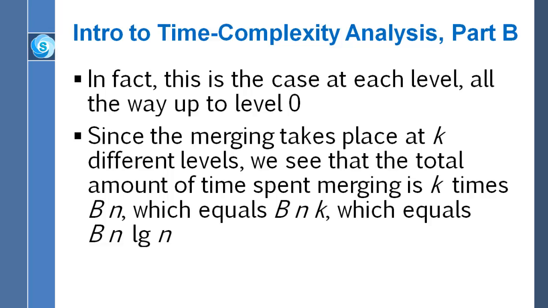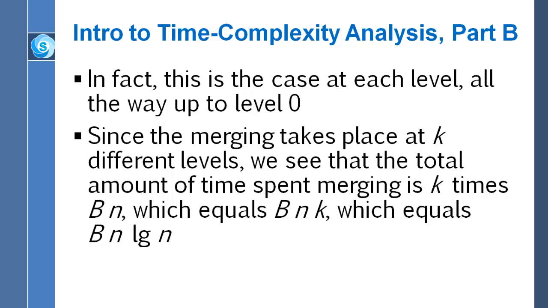Well, how many levels of merging were there? There was merging down at level k minus 1, and there's also merging at level k minus 2, k minus 3, and so forth, all the way up to level 0. Well, that's a total of k levels of merging. So we put all the mergings together, and we conclude that the amount of time spent merging is k multiplied by bn.